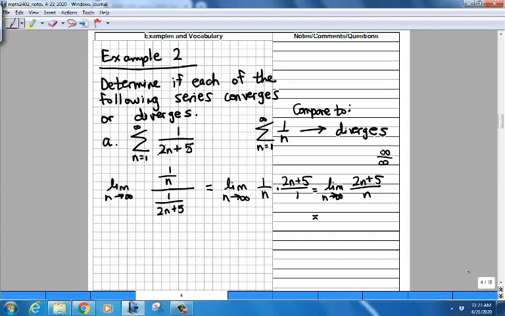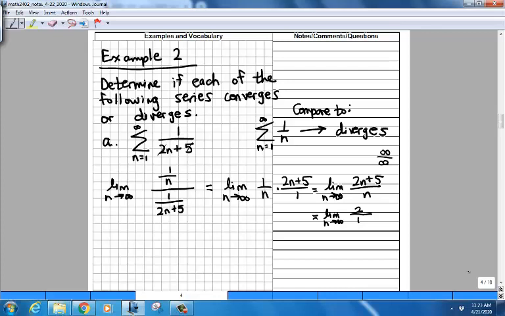So we know that the limit as n goes to infinity of this quotient will be the same as the limit as n goes to infinity of the quotient of the derivatives. Take the derivative of the numerator, which is 2, and the derivative of the denominator, which is 1.